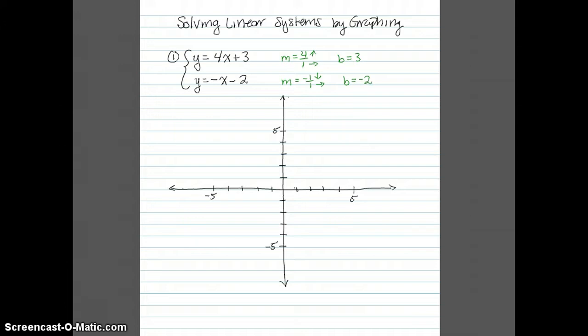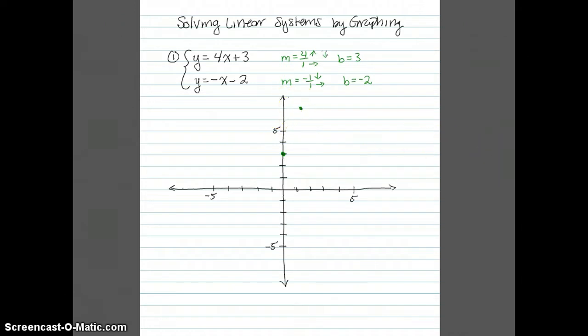Now, going to my graph for the first line, I'm going to begin at 3 on my y-axis. So I'll plot that point. And then from there, I'm going to go up 4 units and 1 unit to the right. So 1, 2, 3, 4, 1 to the right.